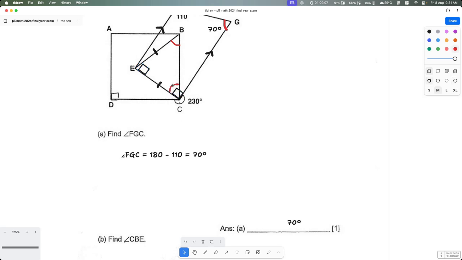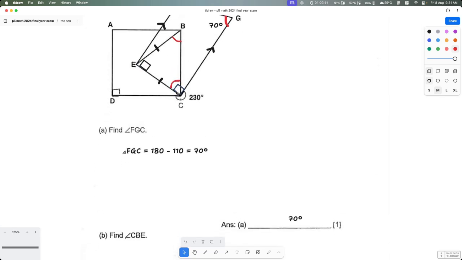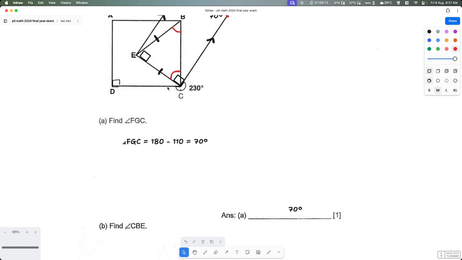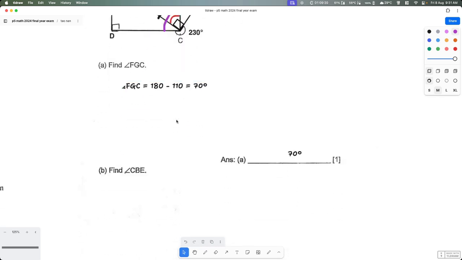I think from here we can get the answer. Let's get this angle. I'm going to make this purple. Let's get the purple angle, which is this whole thing. The purple angle is DCG.